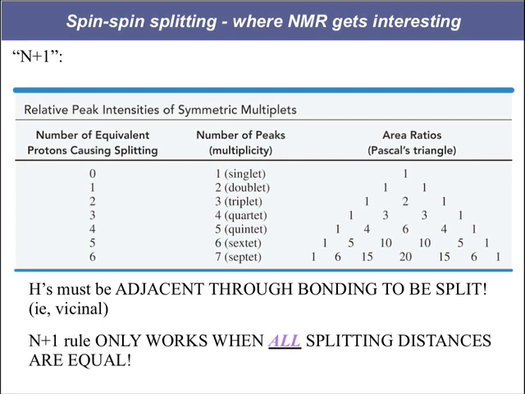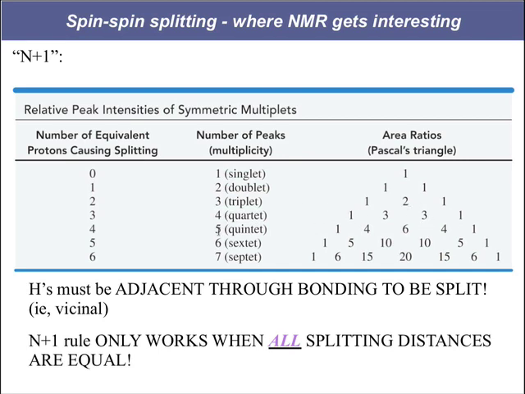The ratios that we observe in NMR, from the singlet to the doublet to the triplet to the quartet, and beyond that we can have a quintet or a sextet or a septet, the ratios of those multiple peaks follow Pascal's triangle. A doublet is a 1-to-1 ratio. A triplet is a 1-to-2-to-1 ratio. A quartet is a 1-to-3 to 3-to-1 ratio. A quintet would be a 1-to-4 to 6 to 4-to-1 ratio.